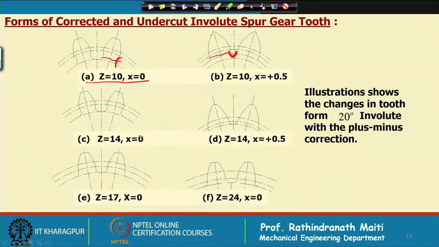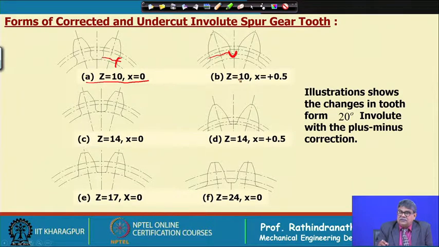But still if we give the correction of 0.5, the tooth form is very good, better than the same amount of correction with 10 teeth, and also the tip is there, a substantial amount of tooth is there, the root is stronger. So, definitely this will be a good choice to give 0.5 correction.